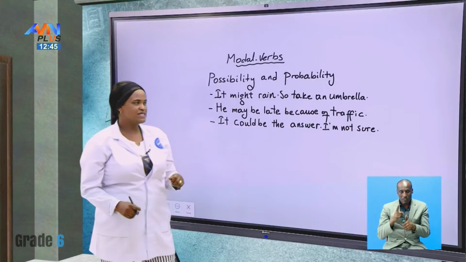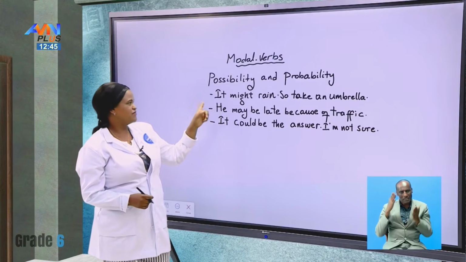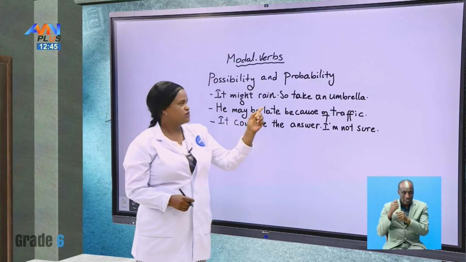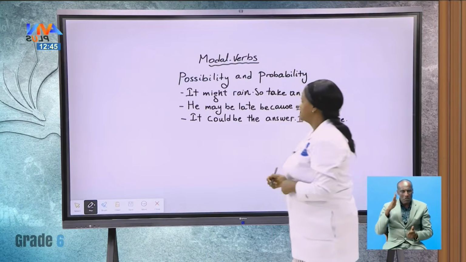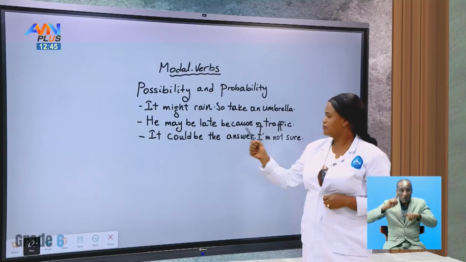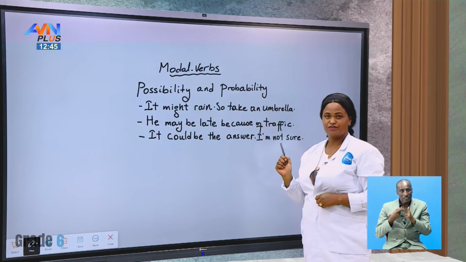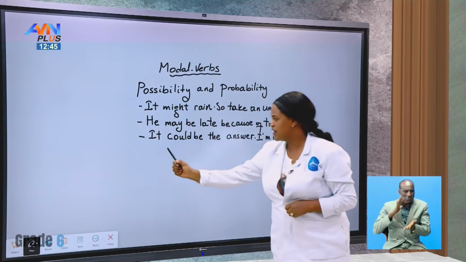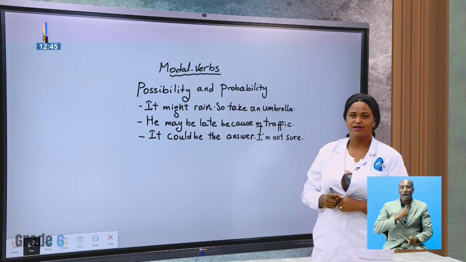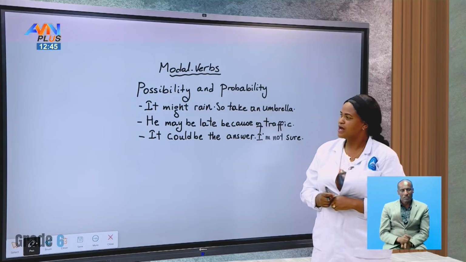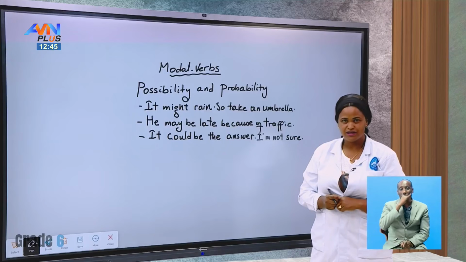Now, let's see these sentences. The first one, it might rain, so take an umbrella. And the second one, he may be late because of traffic. Yeah? And the third one, it could be the answer. I'm not sure. Which ones do you think are the modal auxiliaries here?